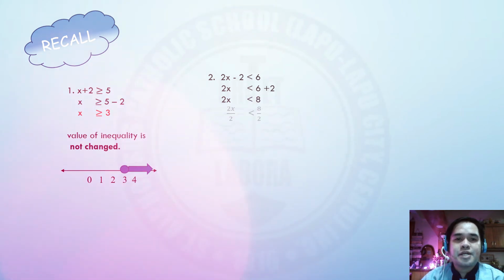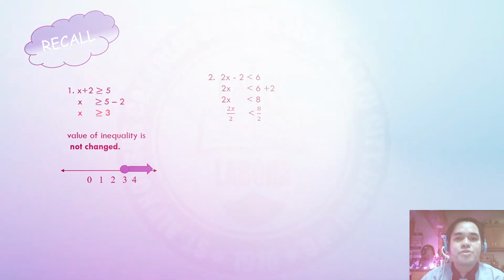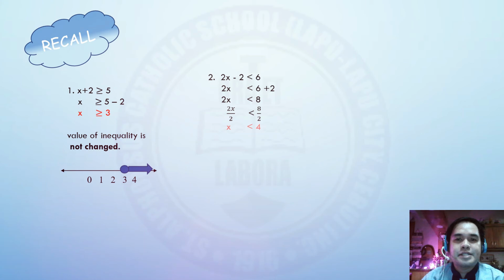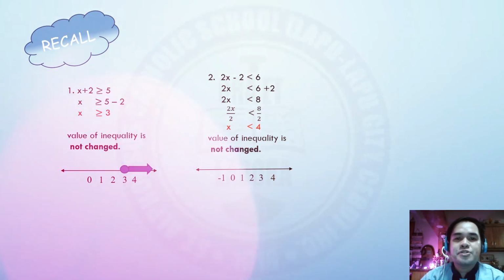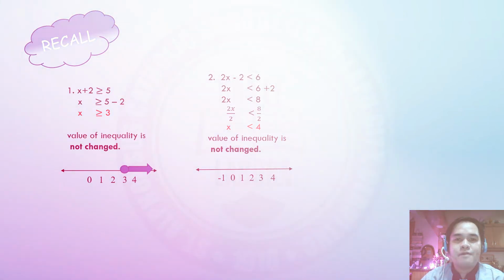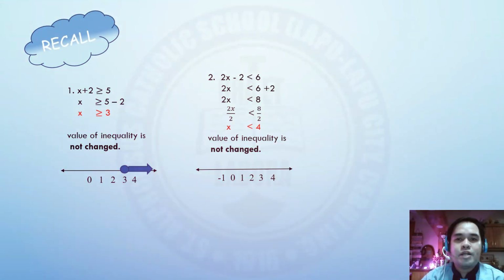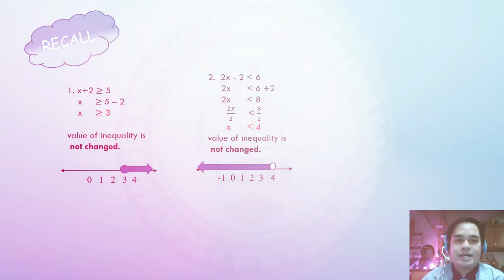Then divide both sides of the inequality by 2 so that x will be isolated, and x is less than 4. The direction of the inequality here is not changed. If we graph the solution set of the inequality on the number line, 4 is not shaded because it is not included as part of the solution set, and the solution set is going to the left.